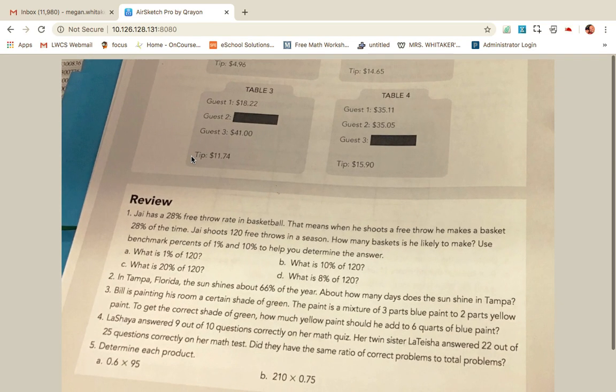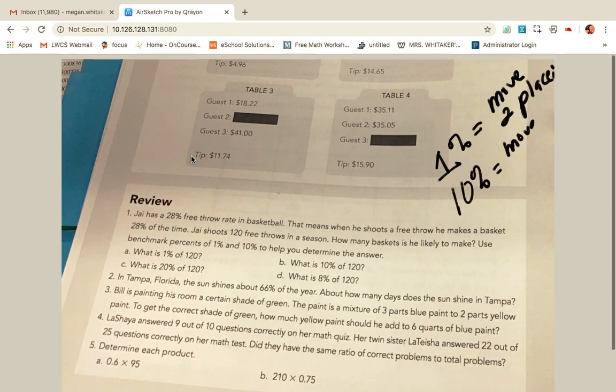Now we have some review. Remember, if you're finding 1% of a number, we learned this a couple weeks ago before we left for break. 1% means you're going to move that decimal 2 places, kind of opposite of what you would think. And if it says 10%, you're going to move it 1 place.